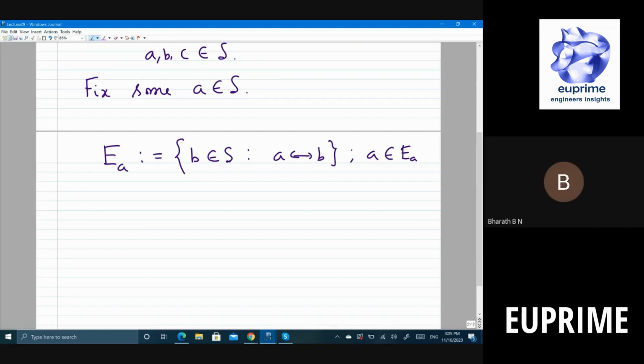So now the idea is this: the EA's partition S. What do you mean by that?